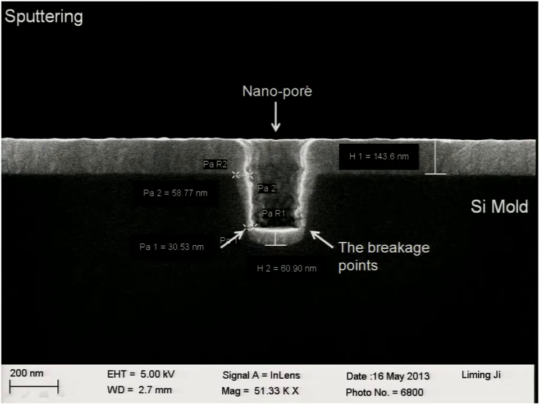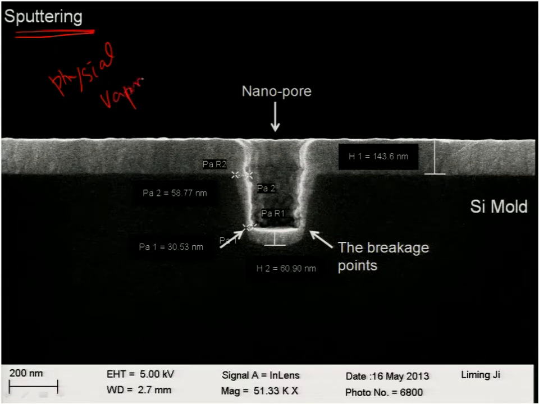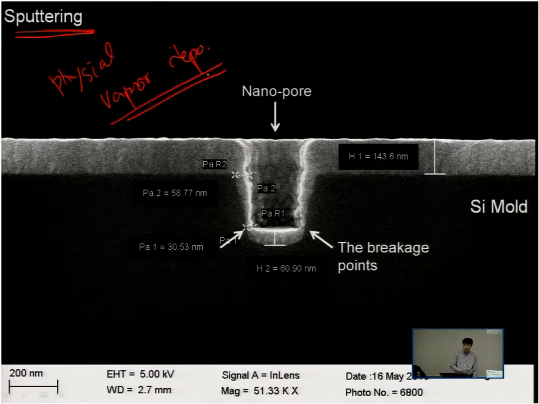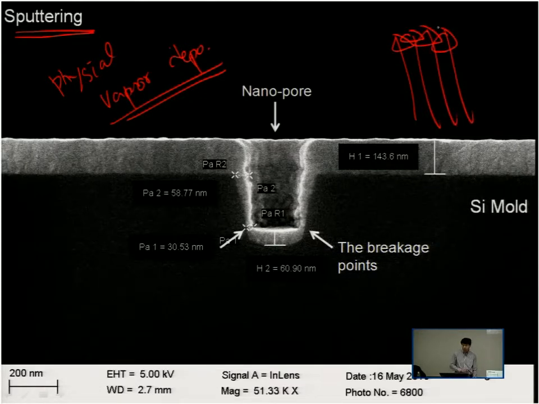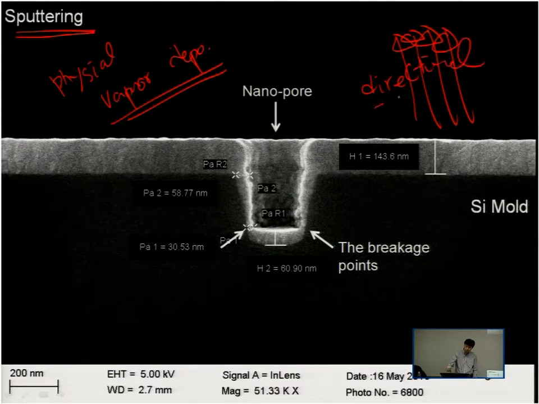But the problem is that even though sputtering offers a little better step coverage, this is basically a physical vapor deposition. The movement of the target molecules is very directional, so there is always a limitation in filling nano size cavities.